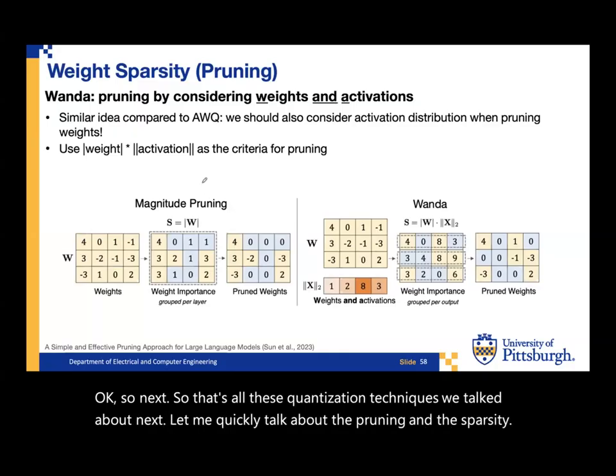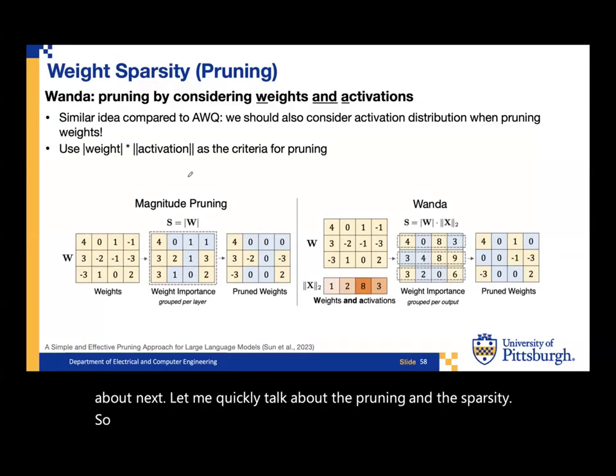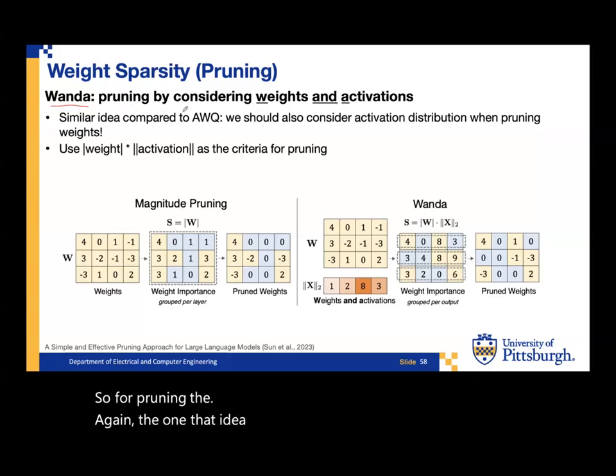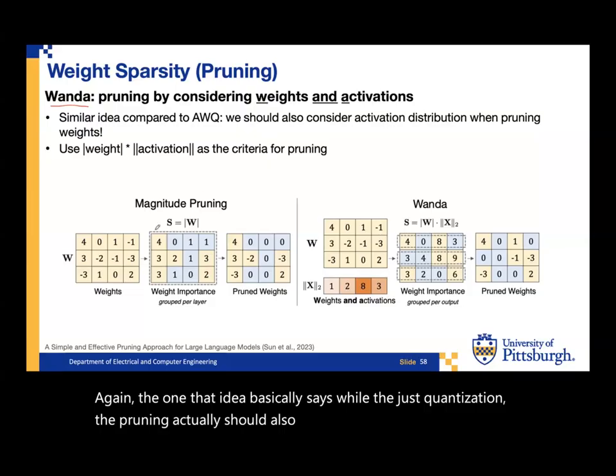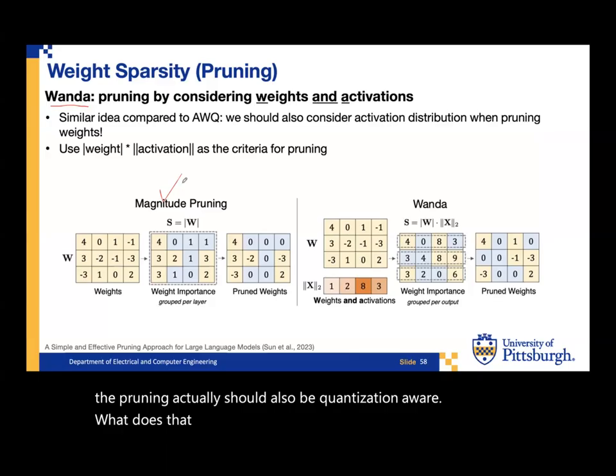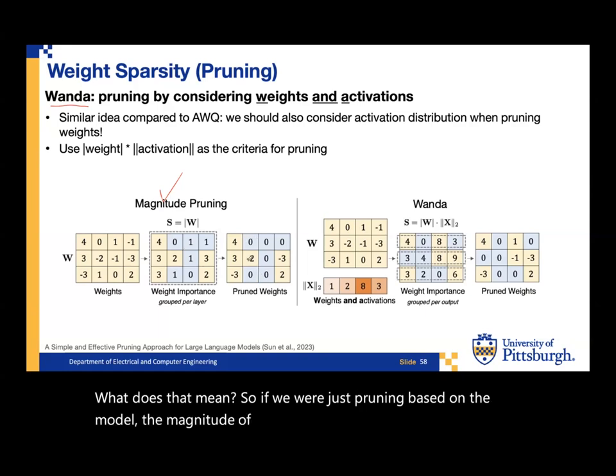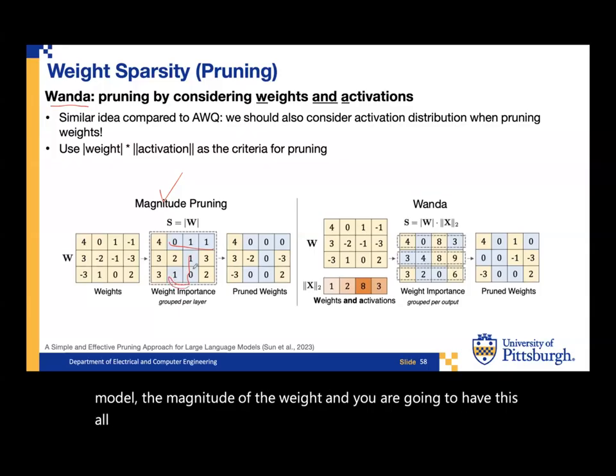For pruning, the Wanda idea basically says, just like quantization, the pruning should also be activation aware. What does that mean? If we were just pruning based on the magnitude of the weight, you are going to have all these 0, 1, 1, 0, those smaller numbers getting pruned, right?